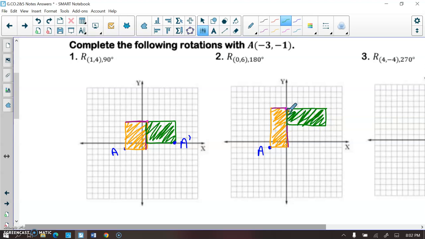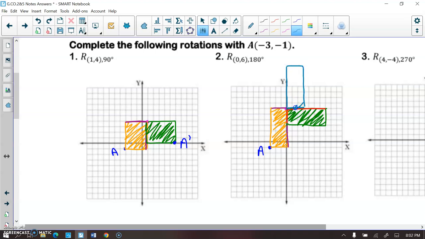Now in that new box, again, I'm going to focus just on the 2 lines that are attached to my center of rotation. My red horizontal line of 7 units is now going to become a vertical line of 7 units going up. So we're a little bit off the graph. And then my red vertical line of 3 units is now going to become a horizontal line of 3 units long.